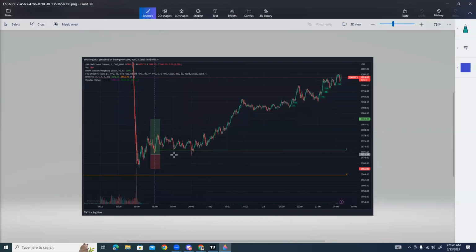Oh man, yeah, that would have been great. Look at that little tap right there. That would have been super nice. Yeah, that little touch right there.